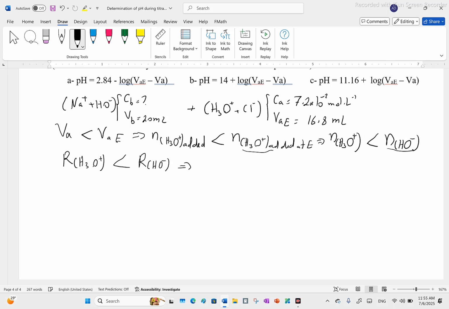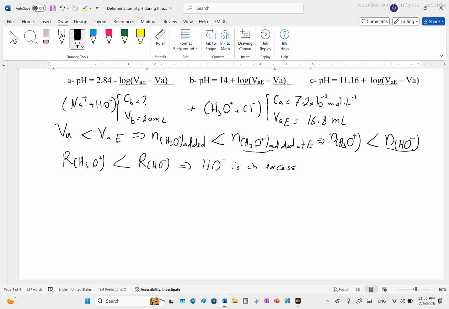That means HO− is in excess. Then the medium is basic before the equivalence. We need to determine the concentration of HO− left after the addition of 10 milliliters of acid.